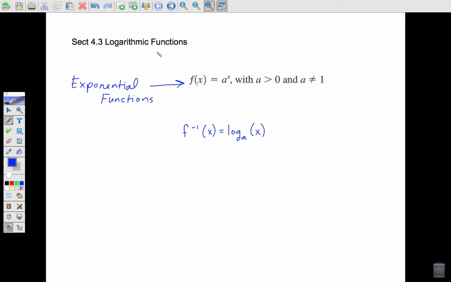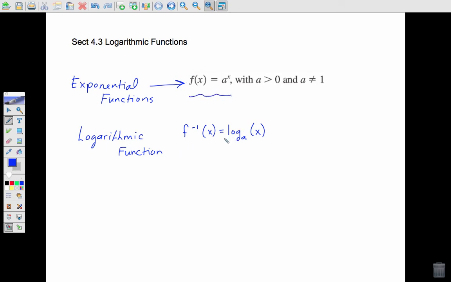Logarithmic functions are the inverse of exponential functions. So a logarithmic function is the inverse of an exponential function.